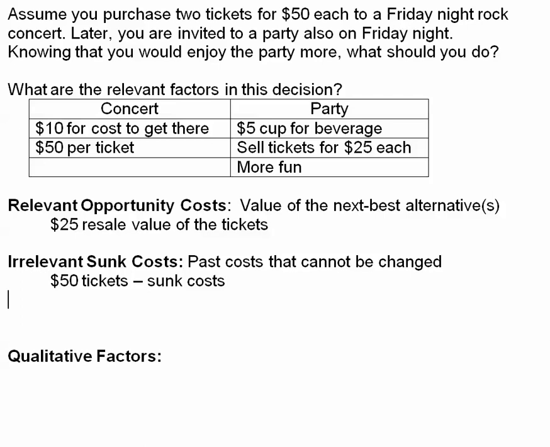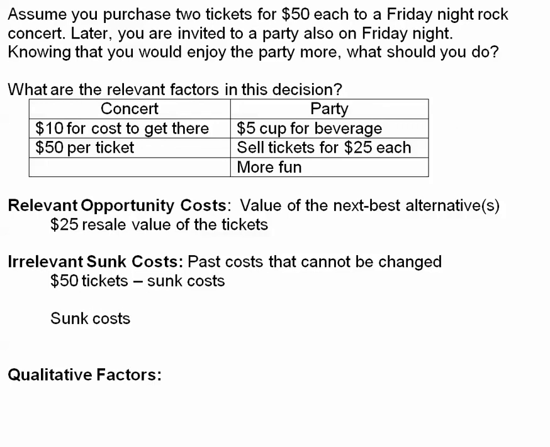And to apply this to a more realistic situation for a business, some typical sunk costs would be things such as the depreciation on long-term assets. Basically, just look at it as the assets that you've already bought and you can't sell.